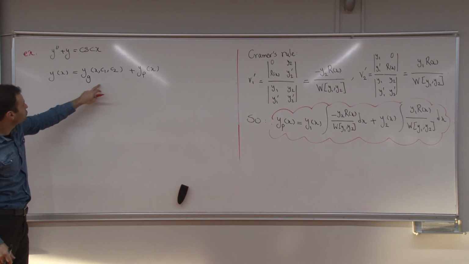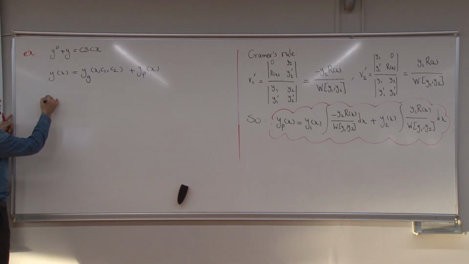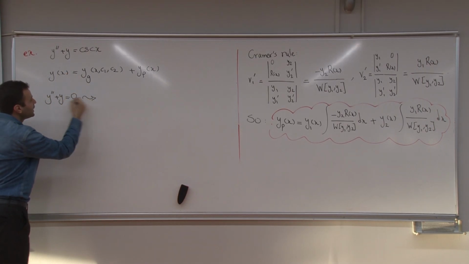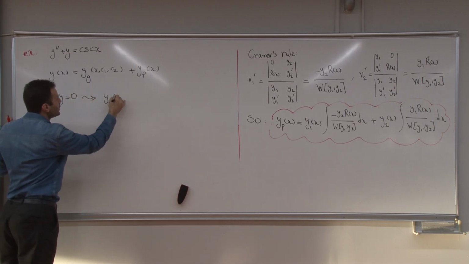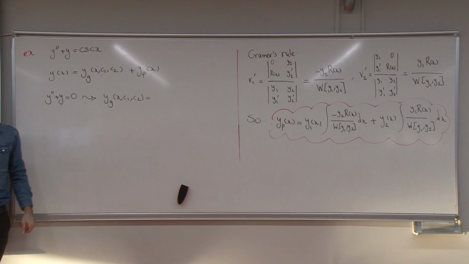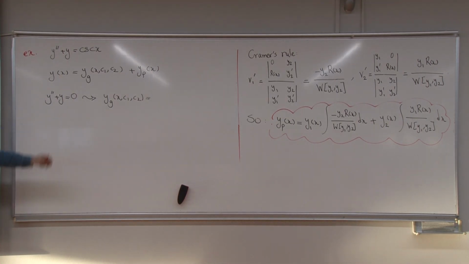So what is the solution of the homogeneous equation? If we have y double prime plus y equal to 0, then what is yg of x, with c1, c2? Can you please calculate them? Easily: the function and its second derivative should add up to 0, so it will be sine of x and cosine of x. Yes, definitely.